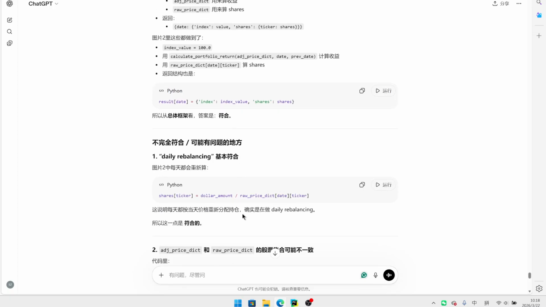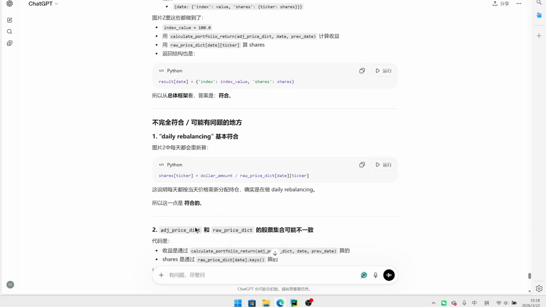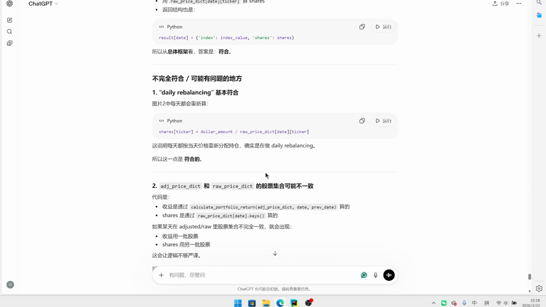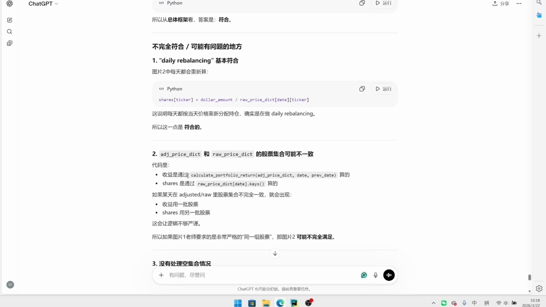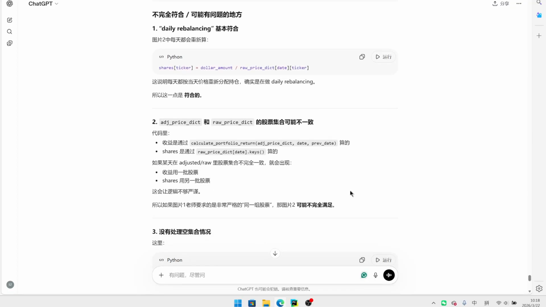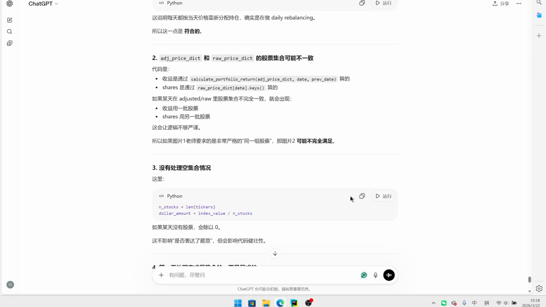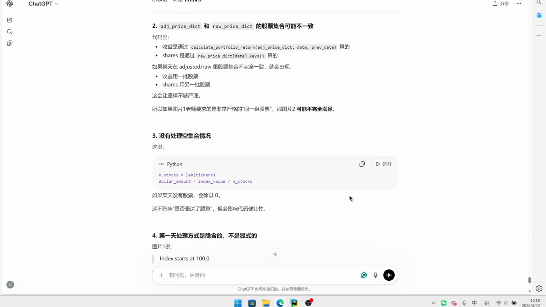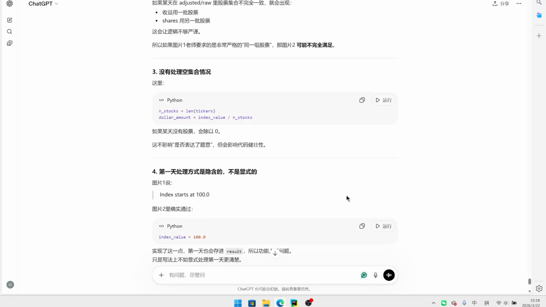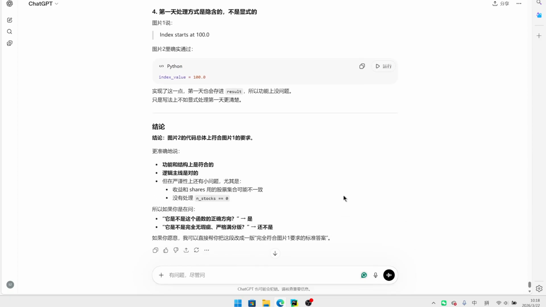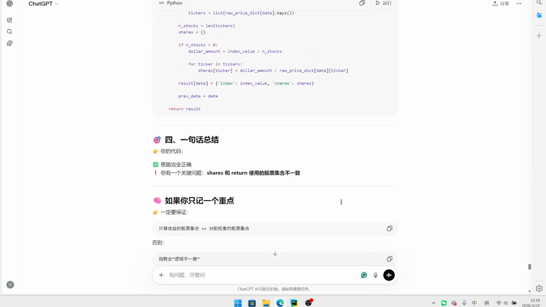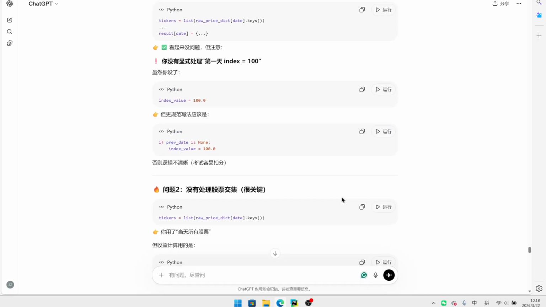Dollar amount, calculate share, if... GPT says it looks good.